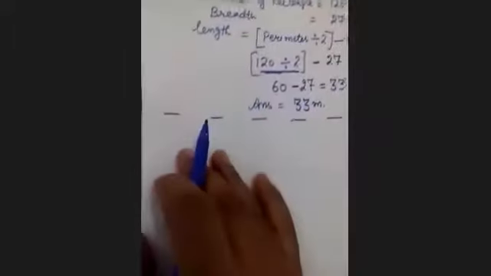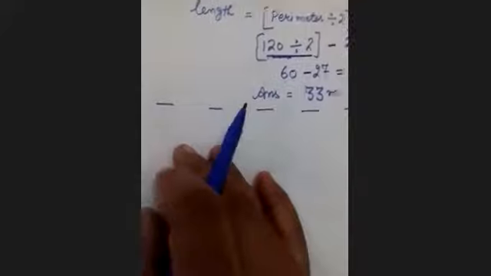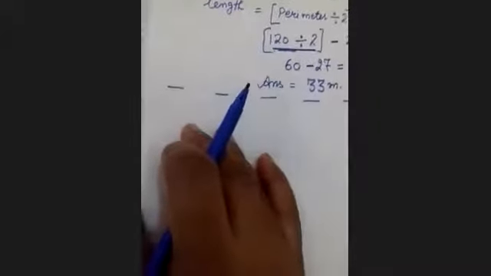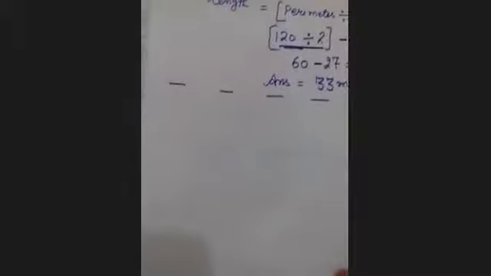Summary of this chapter is, in first point we will discuss what are rectilinear figures, because your topic is perimeter of rectilinear figures. Rectilinear figures are the figures which are made by joining the line segments.